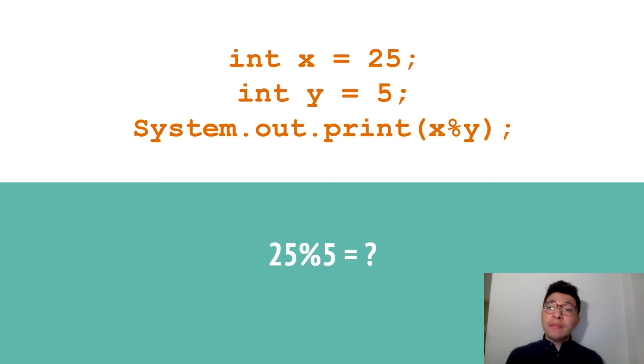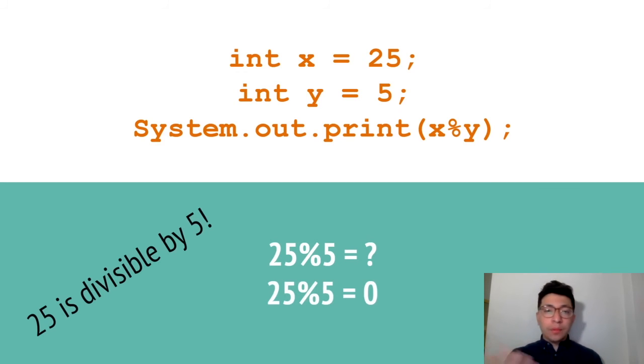So if I have 25 candies and I want to make groupings of 5, what do I have left over from doing those groupings? Well, in this case, 25 is divisible by 5. So we have nothing left over, and we know that 25 is divisible by 5.